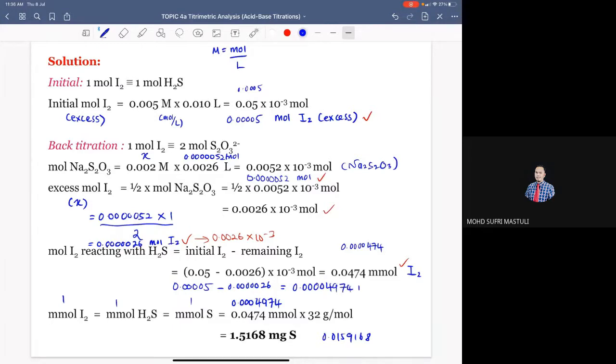0.000049734 mole, and then you have to correct this.